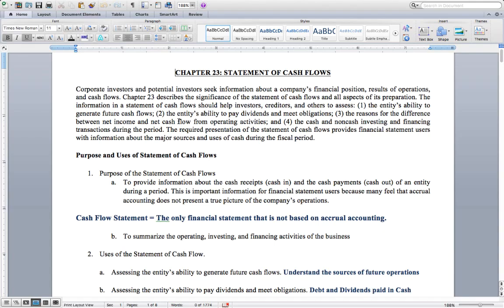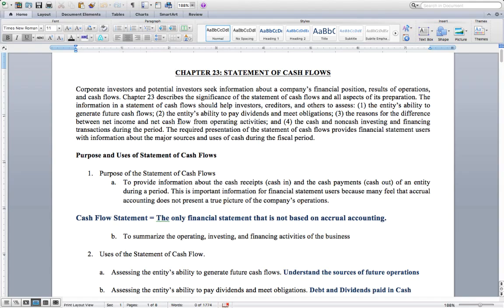So overall, as a brief introduction, corporate investors and potential investors frequently seek information about a company's financial position, the results of their operations, and their cash flows. This chapter is going to focus on the significance of the statement of cash flows and all aspects of its preparation.